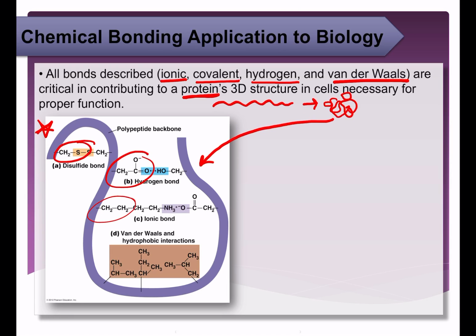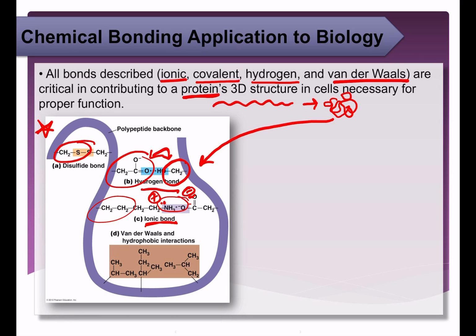These side chains can interact with each other in the form of hydrogen bonds that we talked about, in the form of ionic bonds we talked about, because this is a positively charged amino acid and this is a negatively charged amino acid, and opposites attract each other to form the ionic bond.